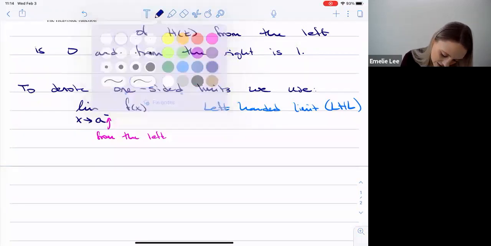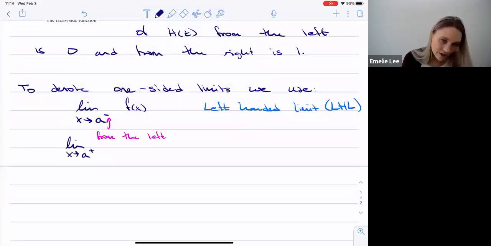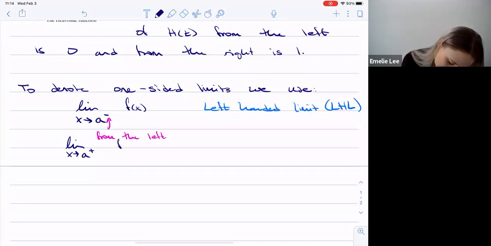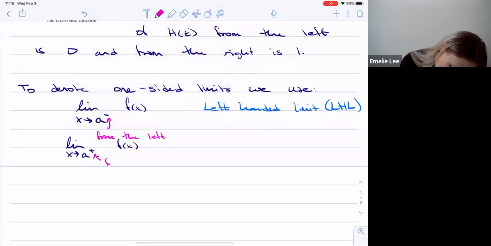Okay. Same thing, if we take the limit as x goes to a from the right, denoted by a little superscript positive of f of x, this means from the right, we'll call this the right-handed limit.